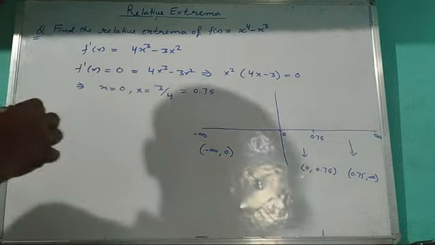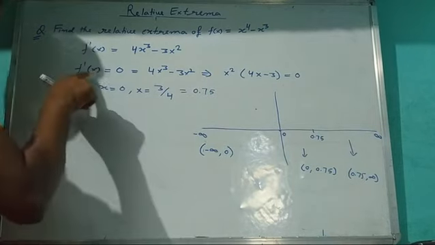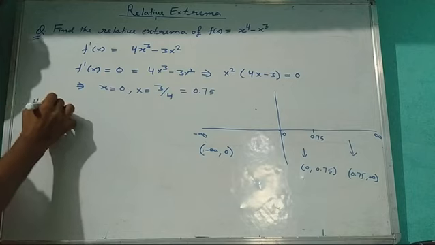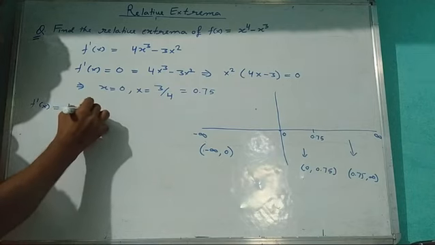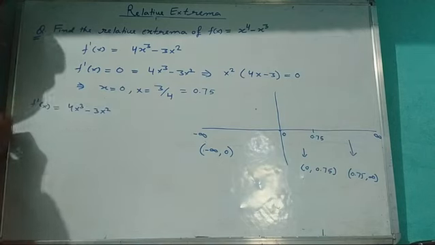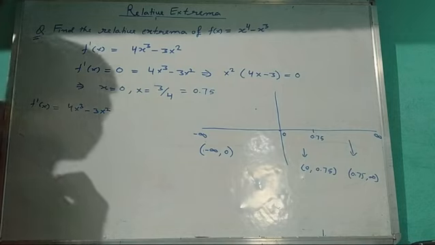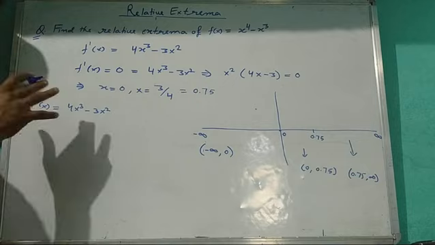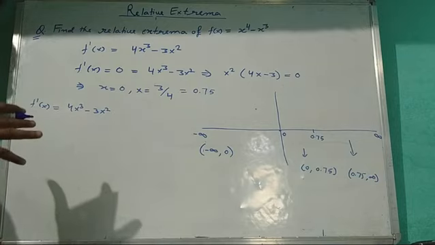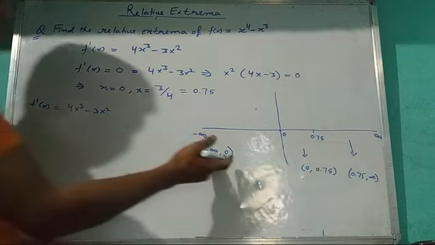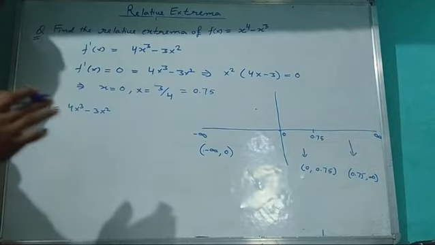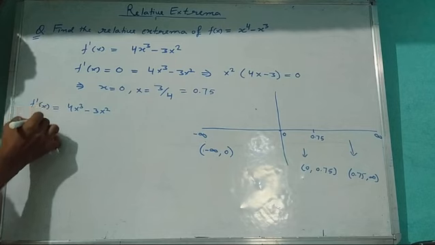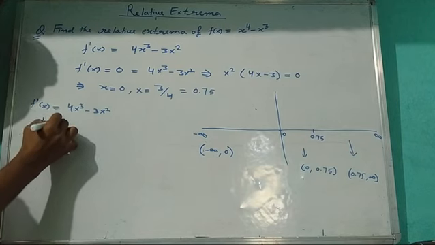For this f'(x) equal to 4x^3 minus 3x^2, we can check the positive and negative slope between the intervals. In the first interval, suppose we put x equal to minus 1.